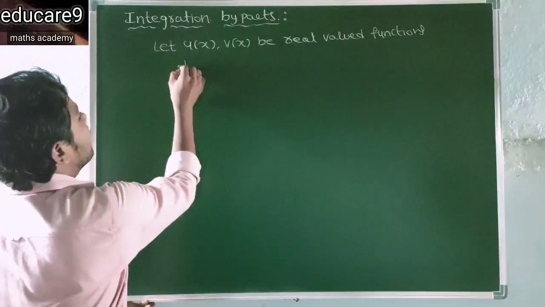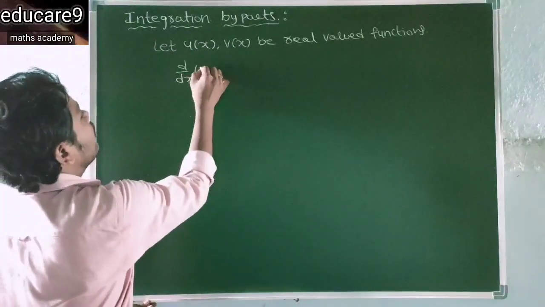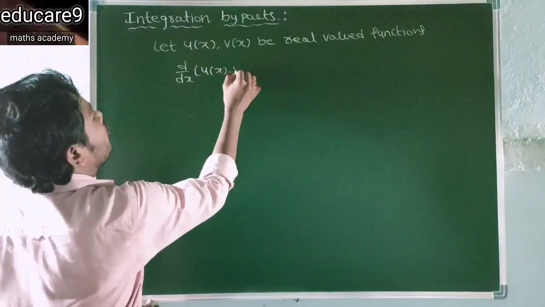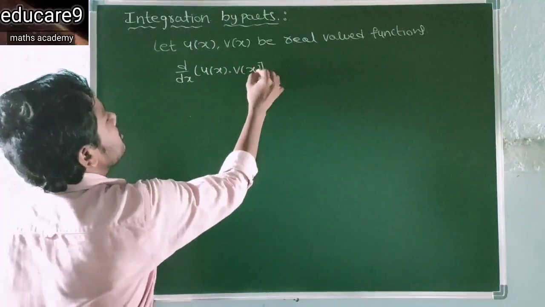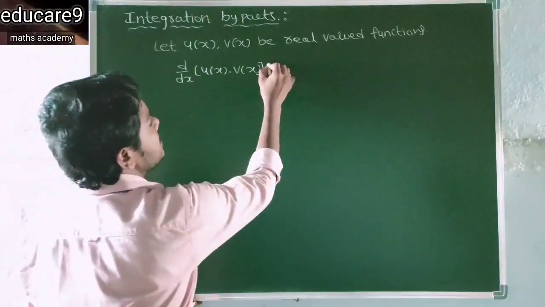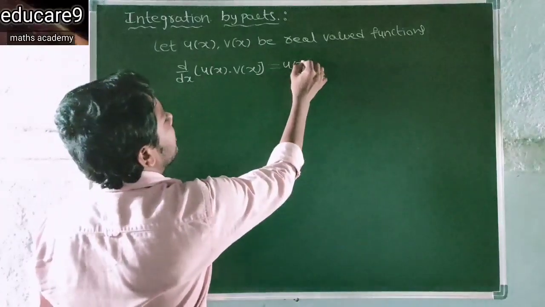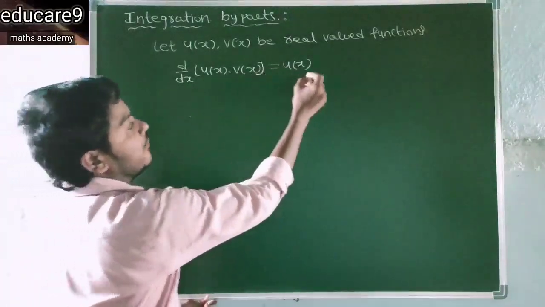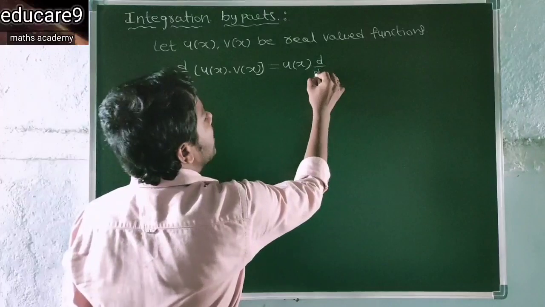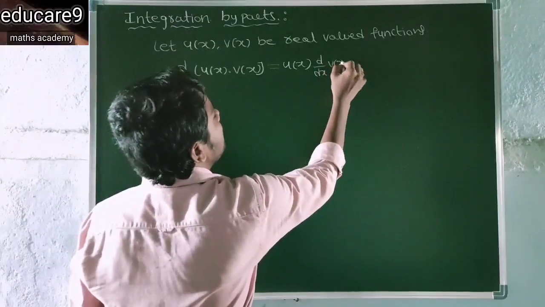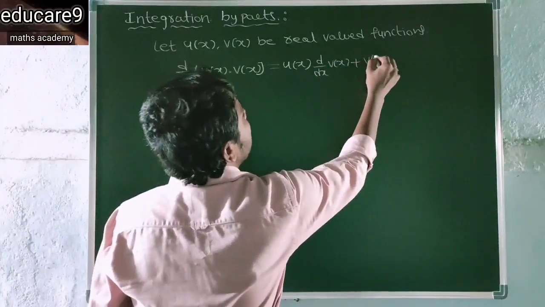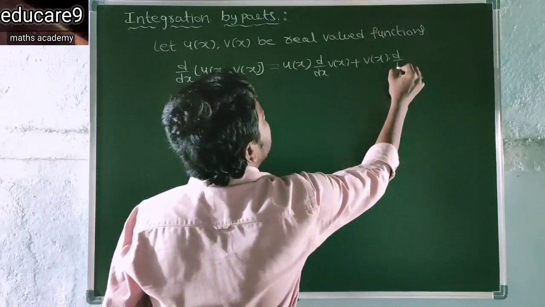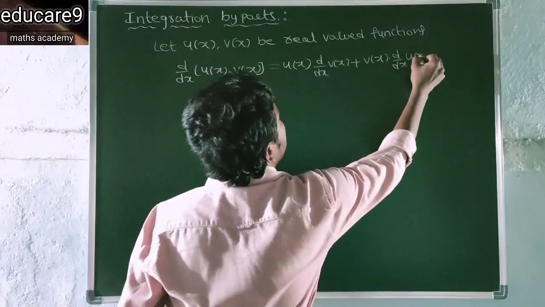So d by dx of u of x into v of x is u of x into d by dx of v of x plus v of x into d by dx of u of x.